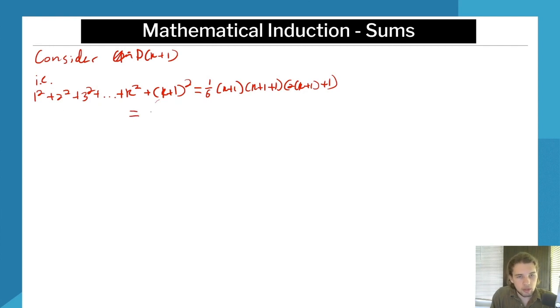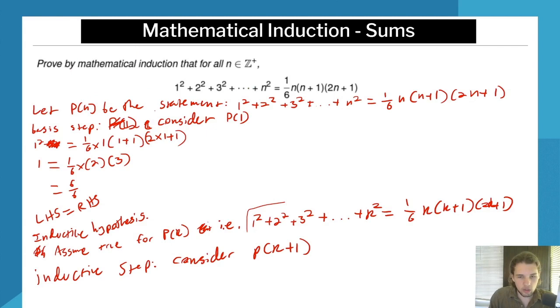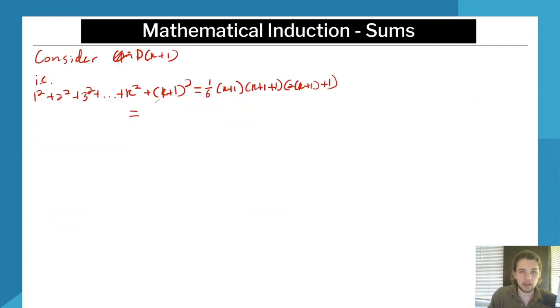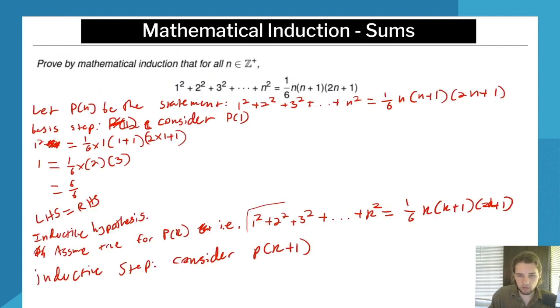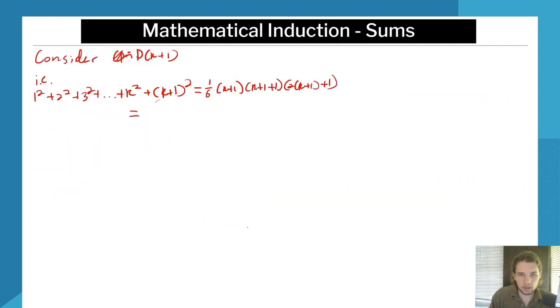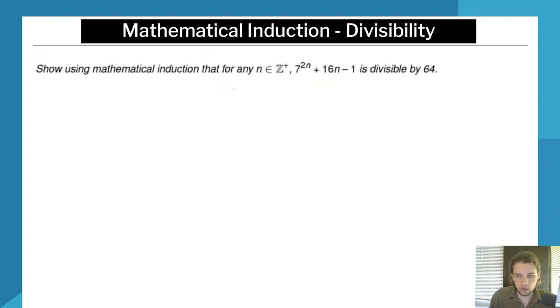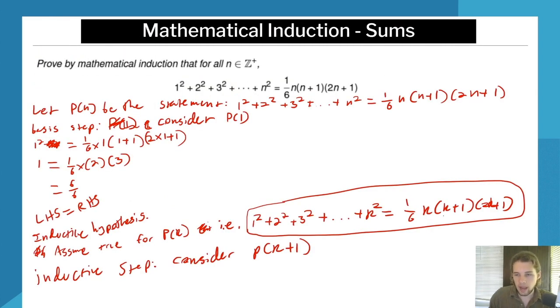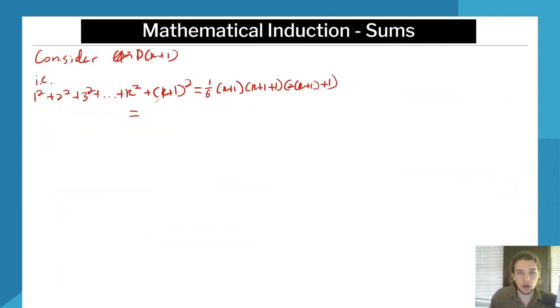So now I'm going to concentrate on the right-hand side. I want to get some component of this over here in here. I see there's k+1 here and there's k+1 here, so I'm going to try to keep that.